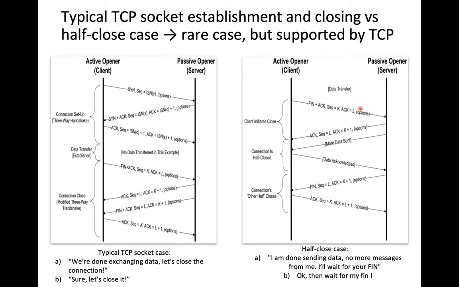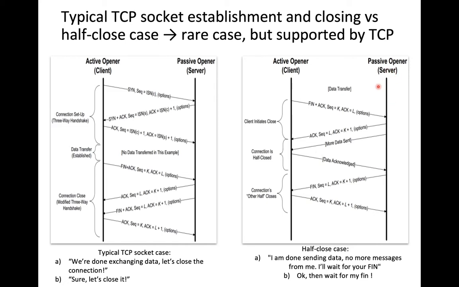And once it receives the finishing from here, it will just acknowledge with its normal data transmission, and it will keep sending the data. And this one, since it has finished its transmission, can still acknowledge the data coming from the other side. So the data is coming from there, it keeps acknowledging, and then again the data is coming and it keeps acknowledging.